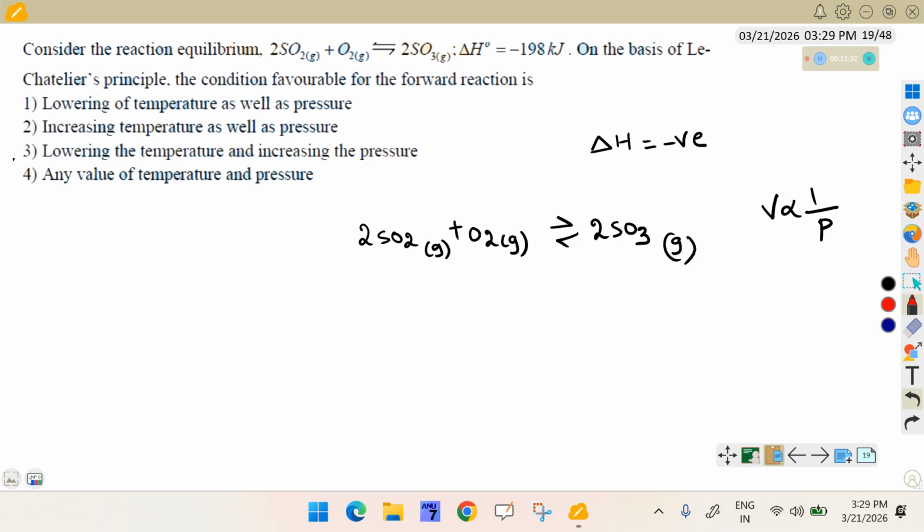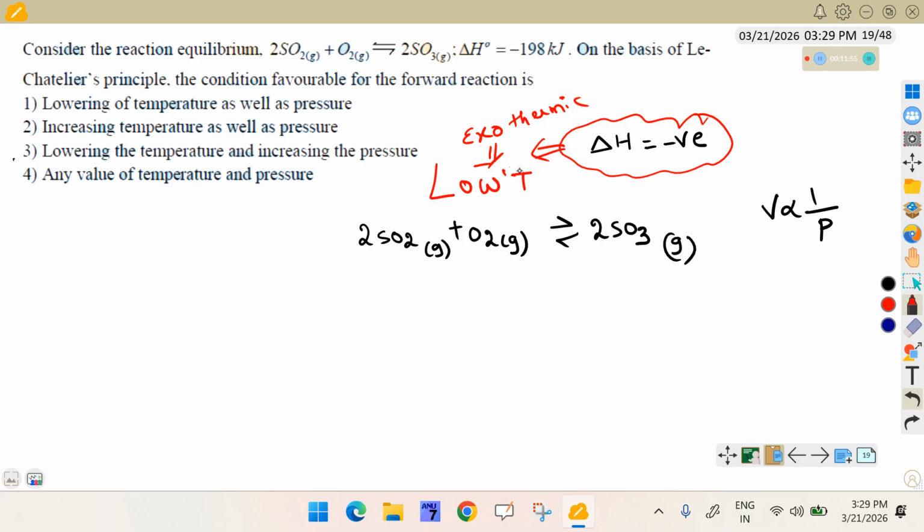Reaction equilibrium: 2 moles of SO2 plus O2 gives rise to 2 moles of SO3. Delta H value is given as negative, so the reaction is considered an exothermic reaction. For exothermic reactions, low temperature is favored. And taking the reaction from left to right, the number of moles decreases, so volume also decreases.